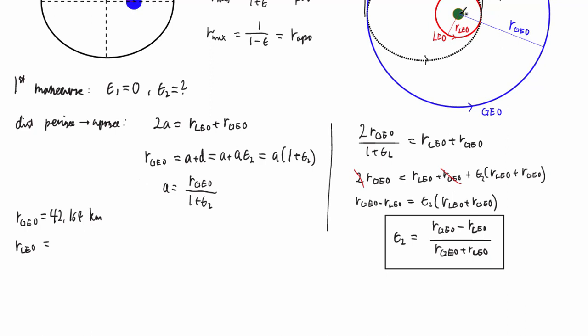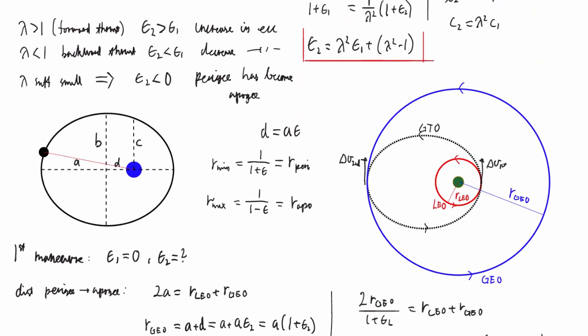Since the Earth has a radius of about 6,400 kilometers, that means that R LEO we can take to be 7,400 kilometers. So you plug those numbers into this formula here, and with a little bit of work, you get that epsilon 2 in this case is 0.701. That's the eccentricity of that orbit.